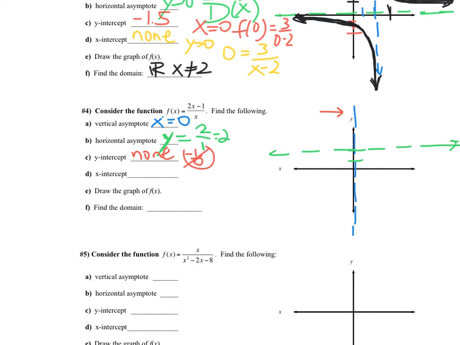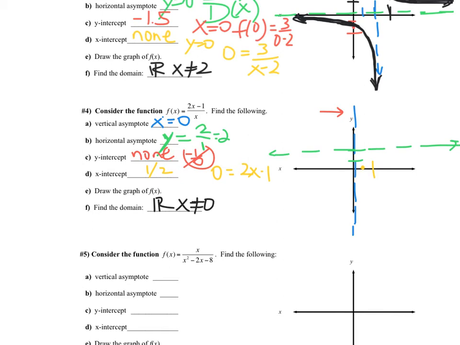And so you know that if x equals 0 is a vertical asymptote, it will not have a y-intercept. All right, now let's find the x-intercept. The x-intercept is found by setting our function equal to 0 and solving. Add 1, divide by 2. Our x-intercept is 1/2. I go over here, put in 1/2. All right, and then the domain, all real numbers except for 0. 0 would make the denominator 0.